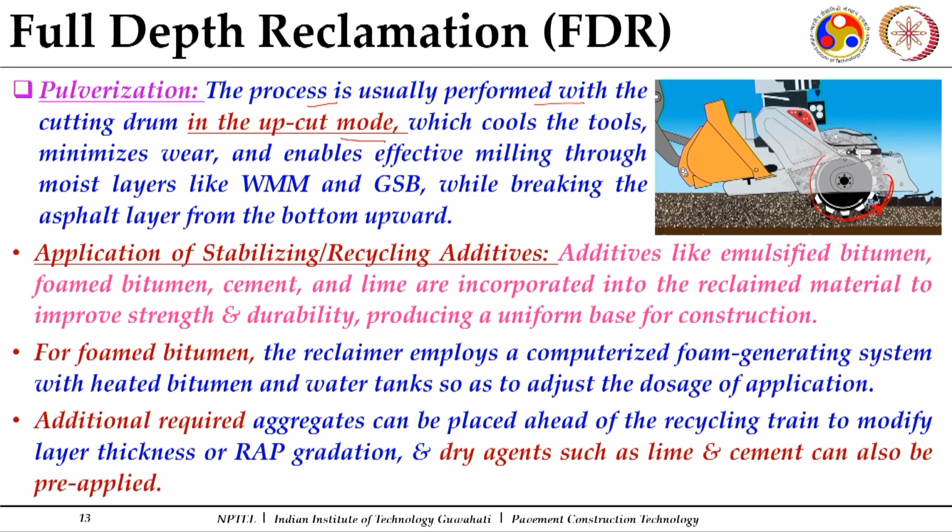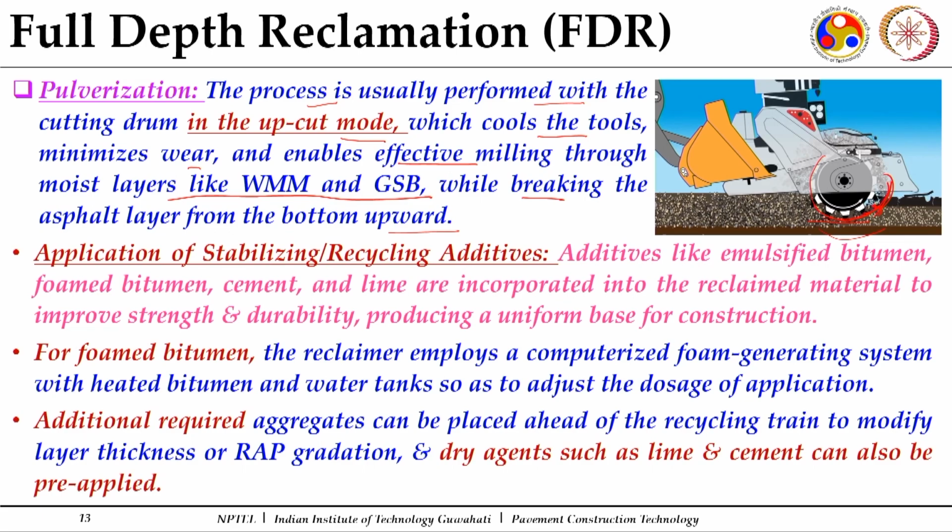This is a typical way in which the existing road material is removed, and it helps to cool down the tool when it goes into the unbound courses, minimizes wear and enables effective milling through the moist layers like wet mix macadam or the granular sub-base course. So, when it goes into these underlying layers, it gets cooled down, and then it removes the bituminous material. So, this is the upcut method which is usually used in the removal of the existing pavement, or the pulverization, breaking the asphalt layers from the bottom upwards.